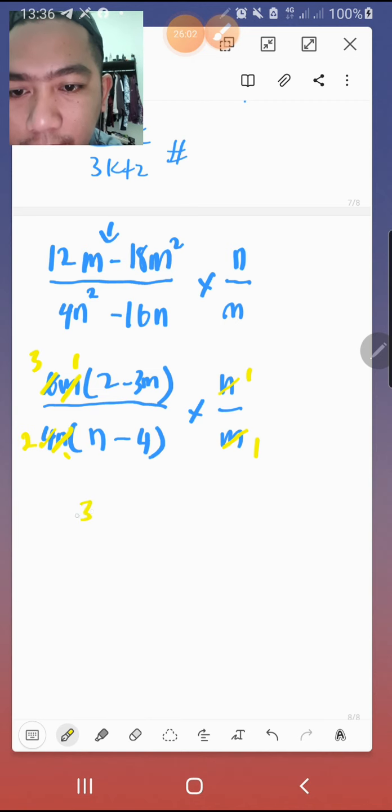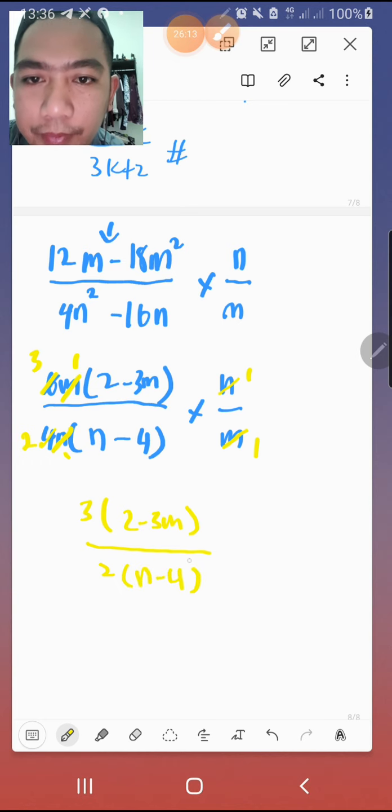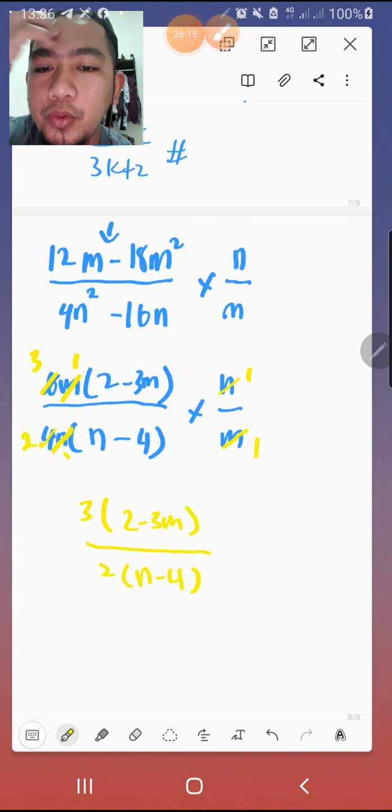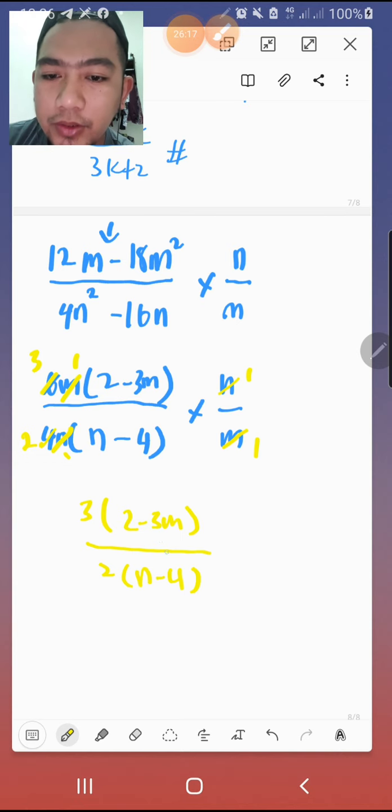Then the answer is 3 times 2 minus 3m over 2n minus 4. Okay, the question asks to simplify, right? So you need to answer like this.